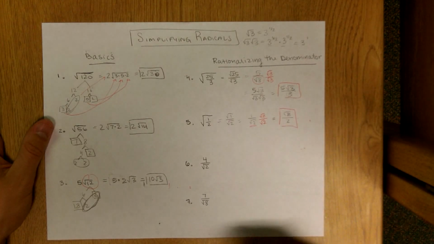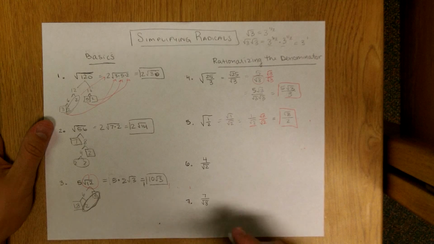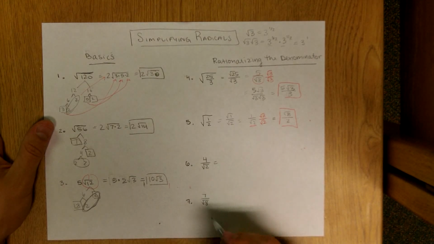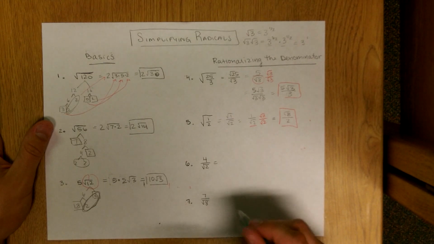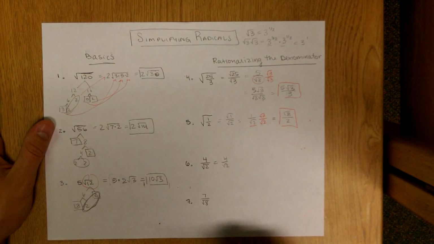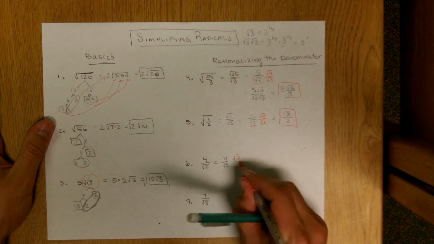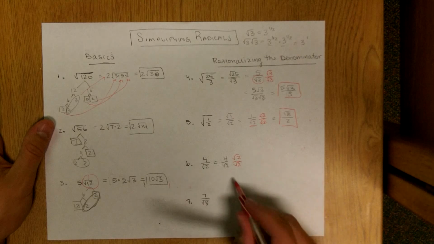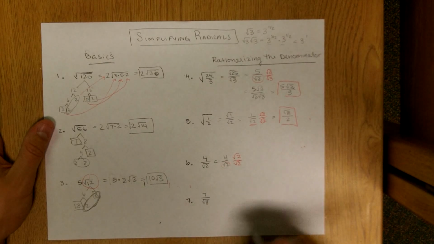That's our answer. Okay? Number 6, it only has a radical in the denominator. So 4 over the square root of 2, we just have to rationalize it. So let's multiply by 1. My 1 this time is square root of 2 over square root of 2, just like the last time because there's the square root of 2 in the denominator.